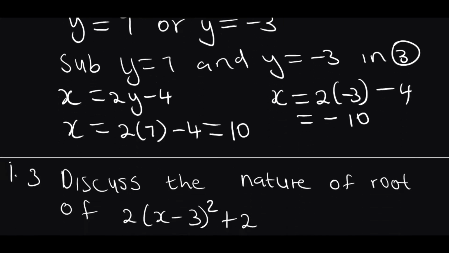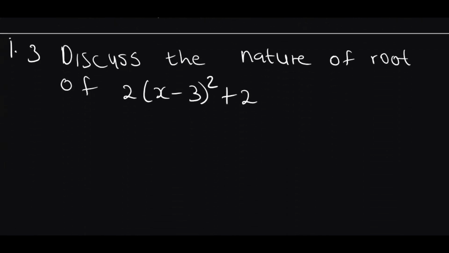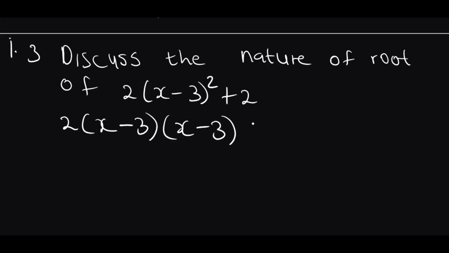Moving on to 1.3. Discuss the nature of roots of 2 into (x minus 3) all squared plus 2. Right, what we need to do here first, we need to split this, meaning we will have 2 into (x minus 3)(x minus 3) plus 2.